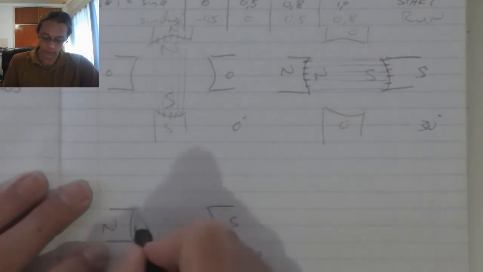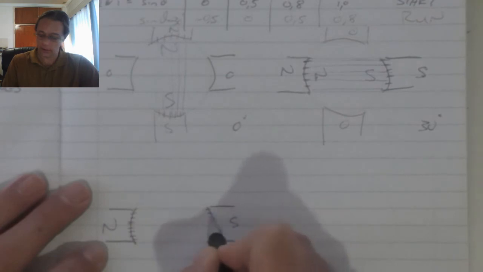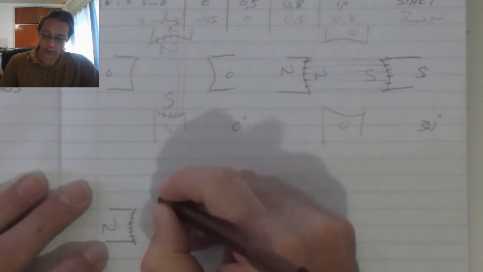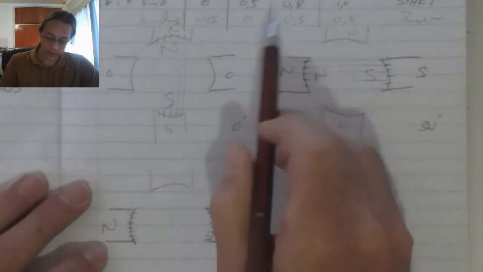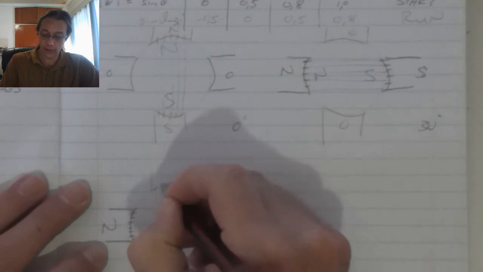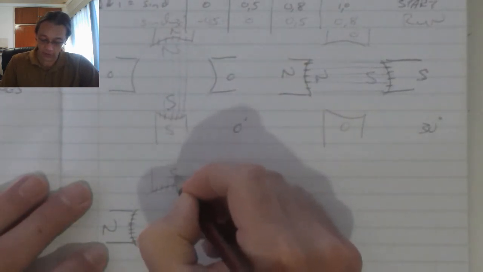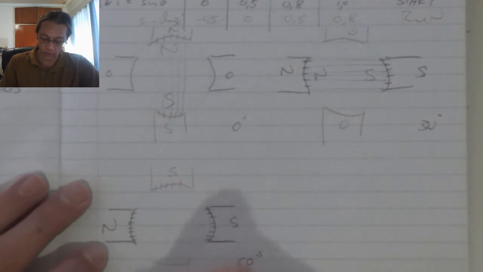At south I've got 8 flux lines there. My running coil is going to have 5 flux lines. There needs to be a south, which means that's going to be a north, 1, 2, 3, 4, 5.